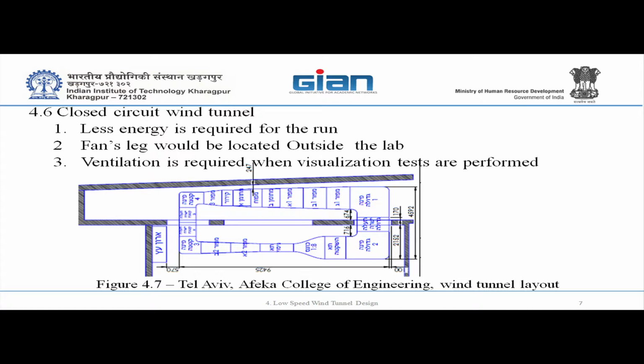So you have to consider and decide what you prefer. The disadvantage of opening this ventilation is that you are losing more energy. The advantage is that you don't have to care too much about hermetically closing your test section.